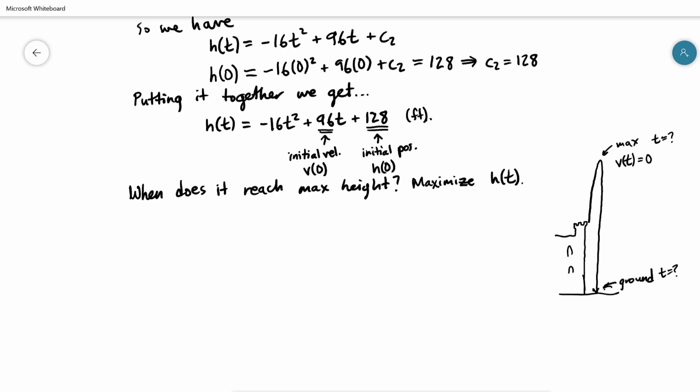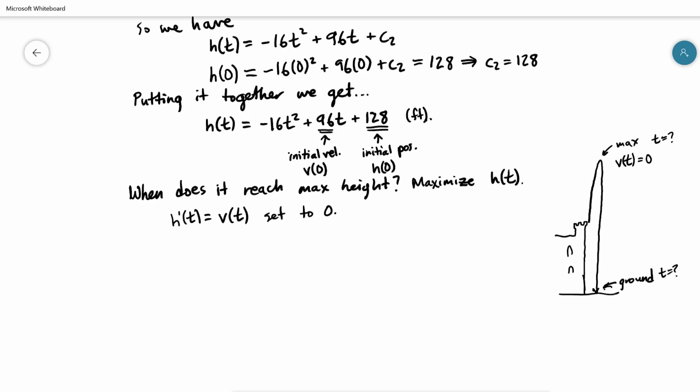Okay, so we have that expression already. We already have the velocity. So h prime of t equals v of t. But we already found that. And we want to set it equal to 0.